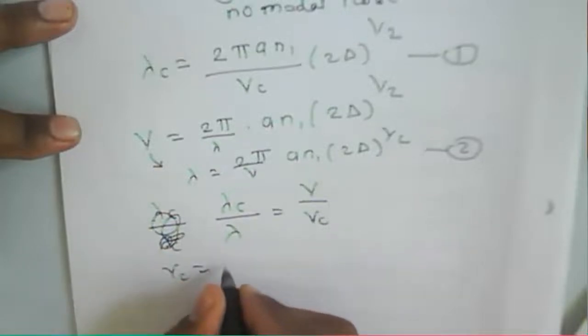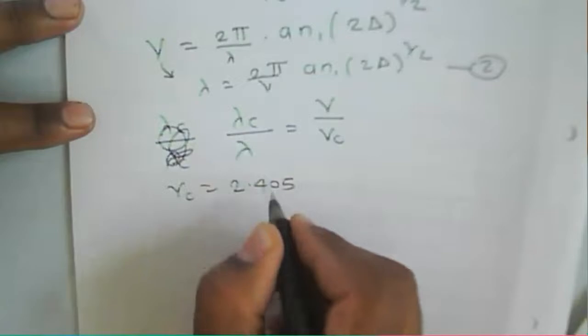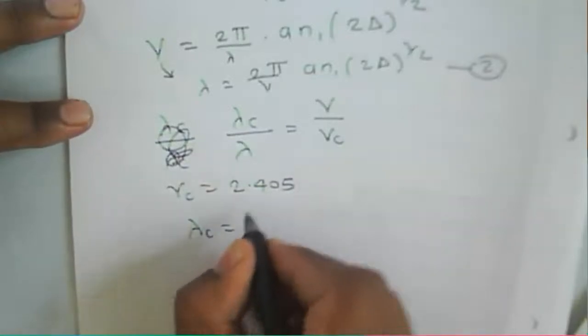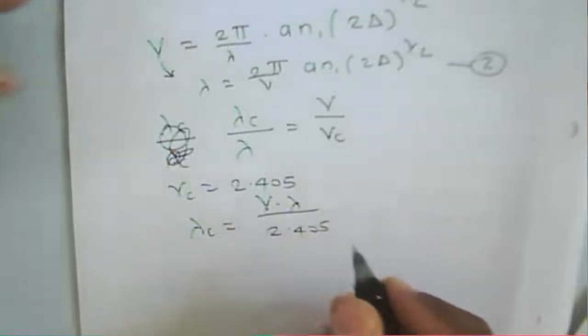Since for a single mode fiber Vc is approximately 2.405, lambda c will be V into lambda by 2.405.